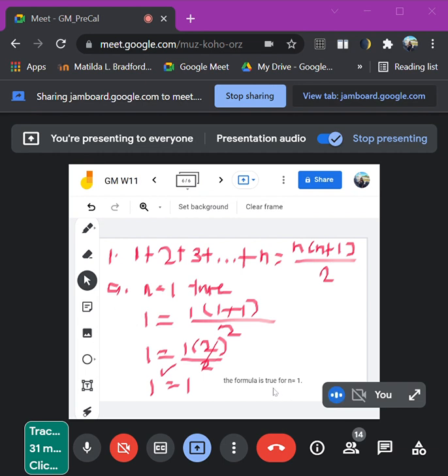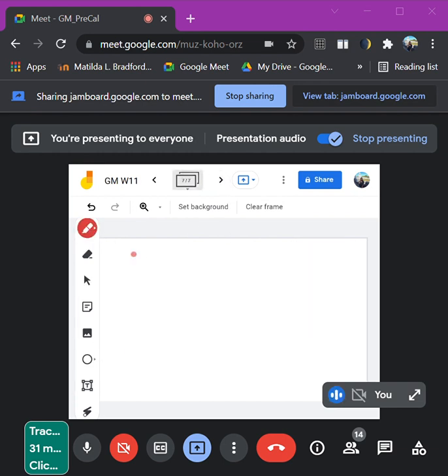Since na true man siya for our letter A, then now we can already proceed for our B. Okay? So, sa atong B class, we're going to assume, so mag-assume ta, that n is equal to k is true. Okay? N is equals to k is true. So, how are we going to assume this one?